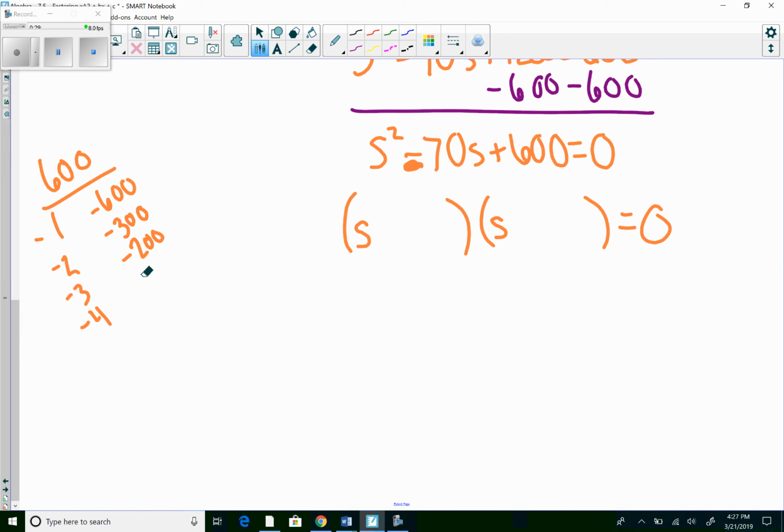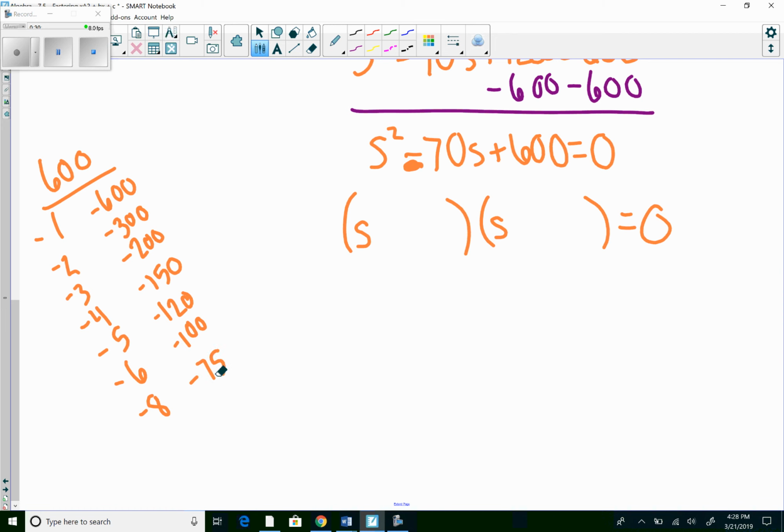4. I promise you guys this is going to end soon. We're almost there. I've got 5 and 120, and that's got to be negative. 6 and 100. Okay, look, we're getting closer. Let's see, 7 doesn't work, but 8 does.